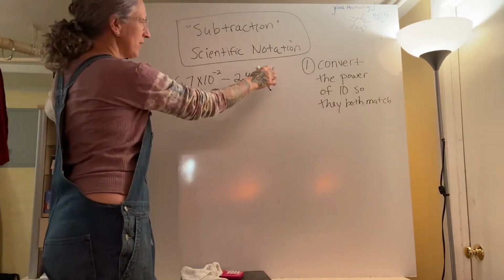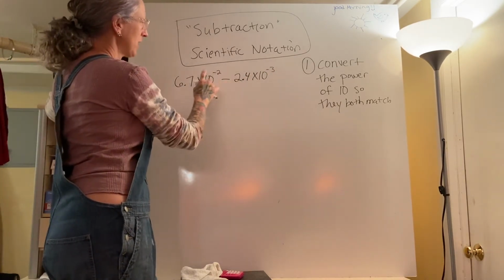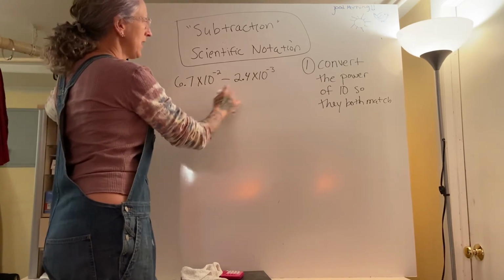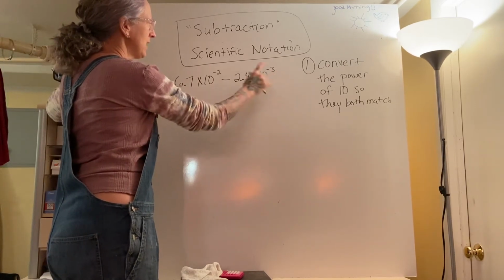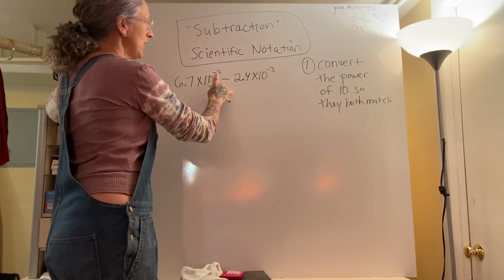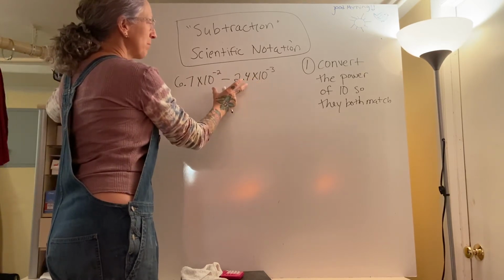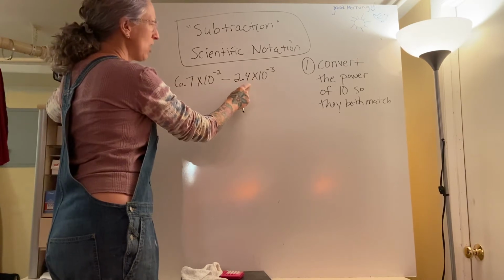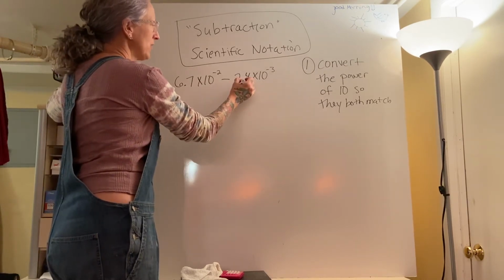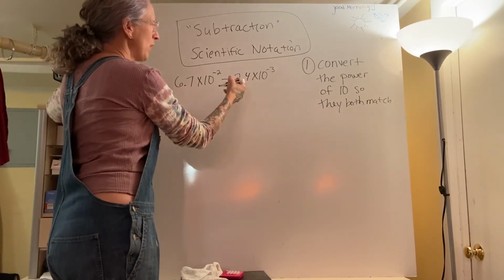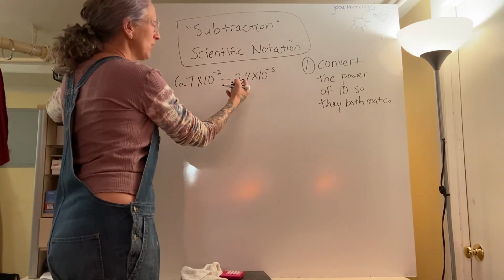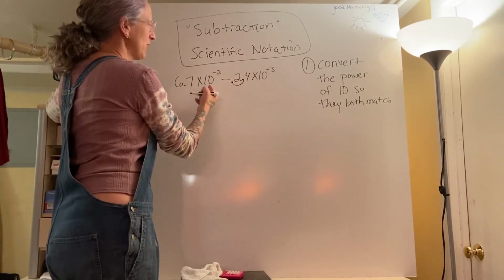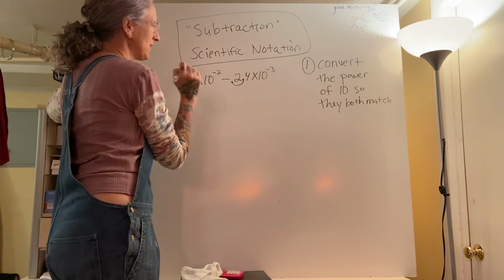I have to convert this power to this power because this is the bigger number. This is -3, this is -2, so their difference is a multiple of 10, right? This is 10 times smaller than this one. So in order to get them to be the same, I move this 1 place to the left. I make this number closer to 0 because this number is closer to 0. I hope that makes sense in your head.